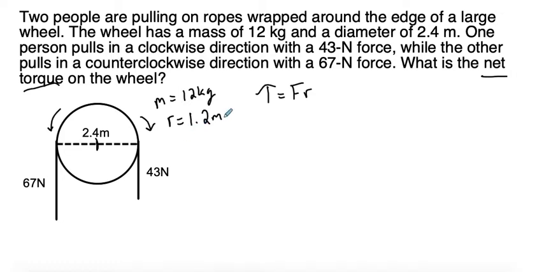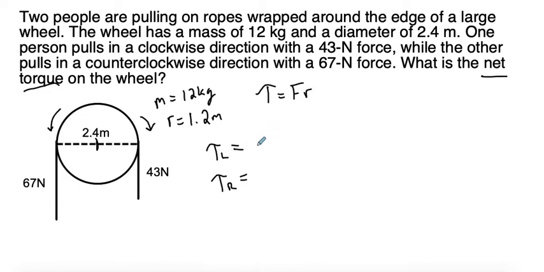Okay, well that's going to give us that piece there. So what we want to do, we want to find the torque of this person pulling and the torque of that person pulling, and then we can put those two torques together to find the net torque in the system. So let's just call this the left side. So we're going to find the torque on the left side, and then let's call that one the right side. So we're going to find the torque on the right side.